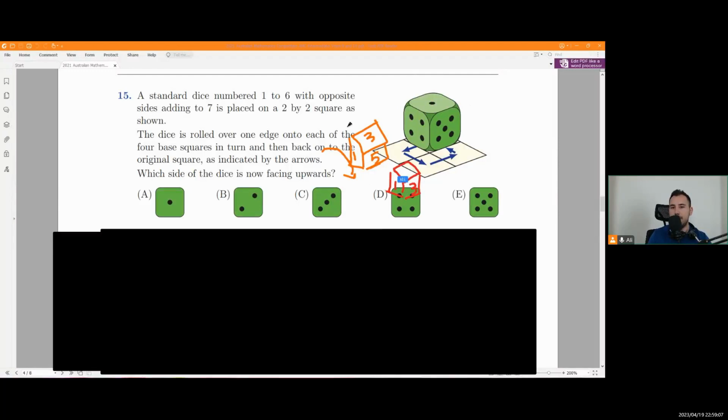What was opposite of 5 will be on top, 2. So let's do it here as well. Again, we're going to roll this way. 3 wouldn't change. 2 will go here, 1 will be on top.